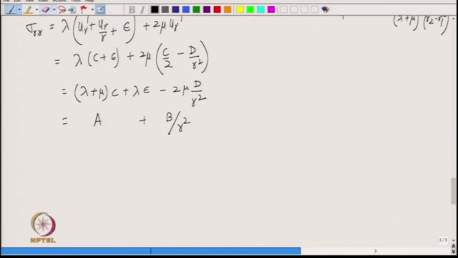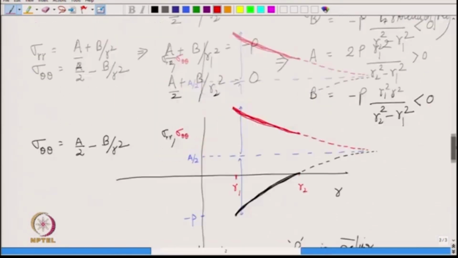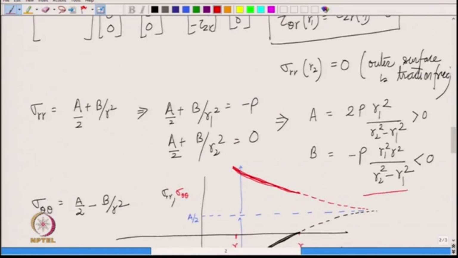So, when we relate these two, we can see that d is actually minus b over 2 mu, is not it? And b we have just found out right here.